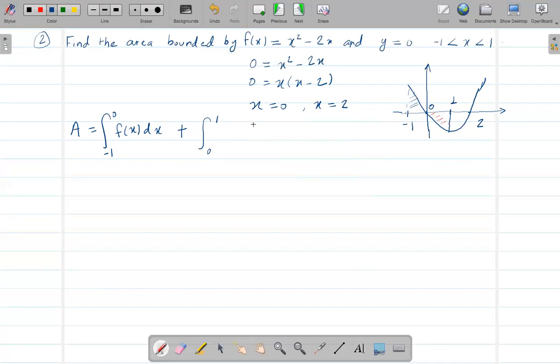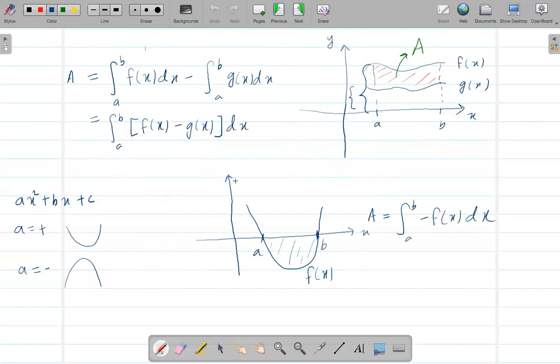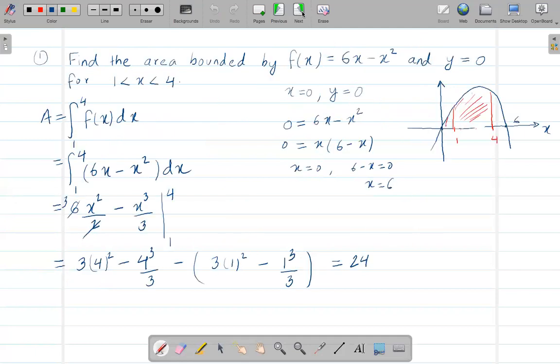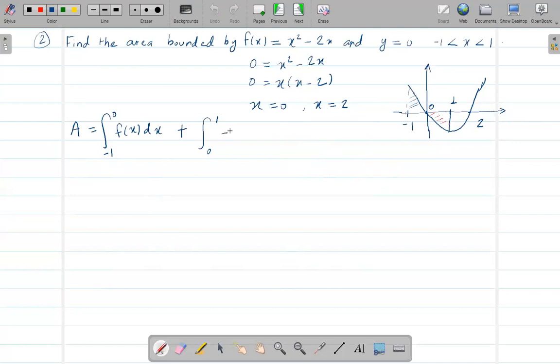And the reason I'm considering two integrals is that this is in the negative region, right? Like I said, if you're considering anything below the x-axis, then we take the negative. So that's why here I'm going to say negative f of x dx.